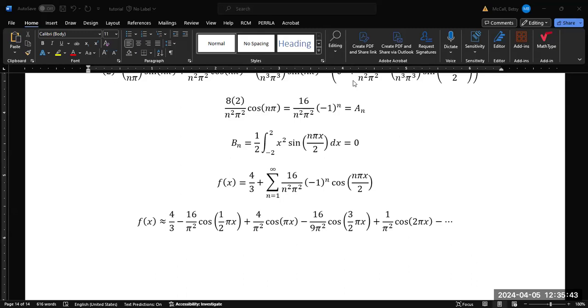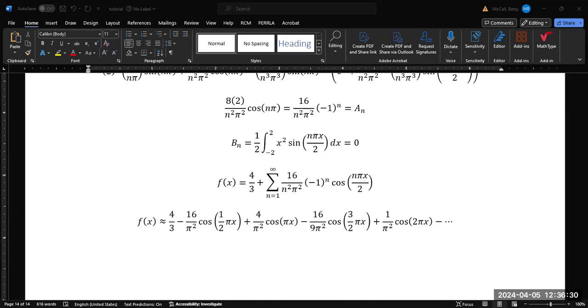If we add another term, divided by pi squared cosine pi x, and then the next one would be minus 16 over 9 pi squared cosine of 3/2 pi x.